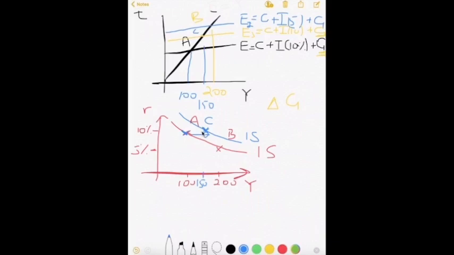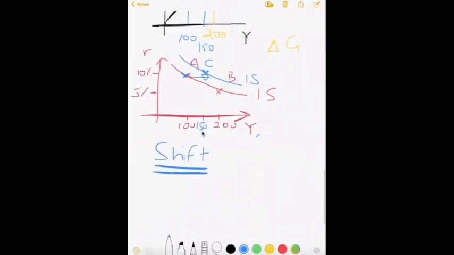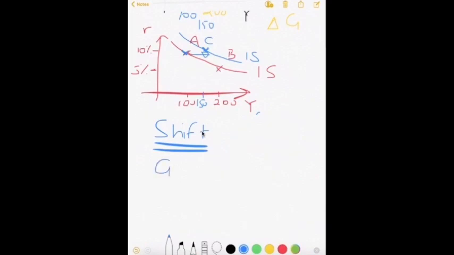So the IS curve shifts when either government spending changes or if taxes change or if for some reason consumption patterns change. But basically the IS curve is going to shift if the fiscal policy changes.